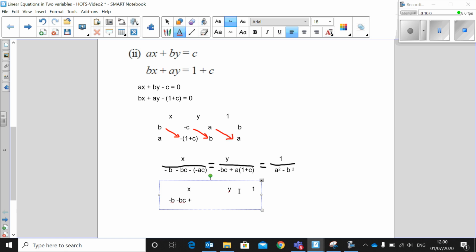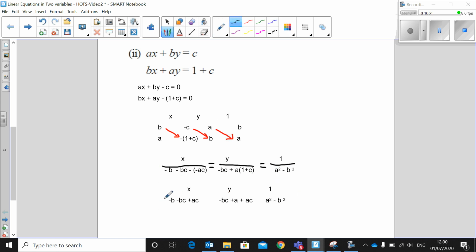Simplify that. Plus, minus of minus will become plus ac. Then y has become minus bc plus a plus ac. And then 1 is equal to a square minus b square. Okay, let us equate that: x is equal to this much and then y is equal to.